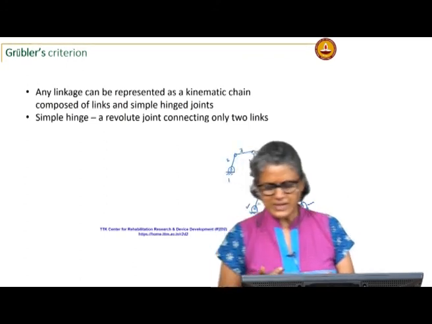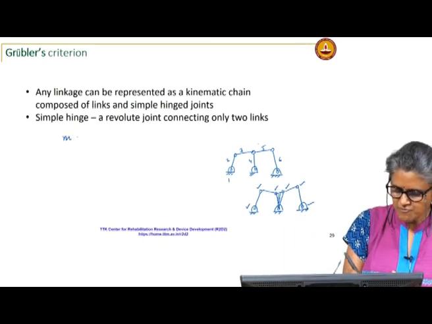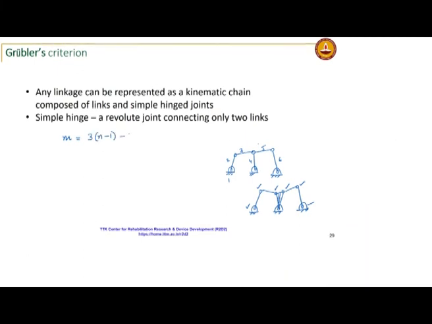So, we take the mobility criterion. If I am only dealing with simple hinge joints, I can write the mobility criterion as m = 3(n - 1) - 2j1. I am saying I do not have any 2 degree of freedom joints in the mechanism.